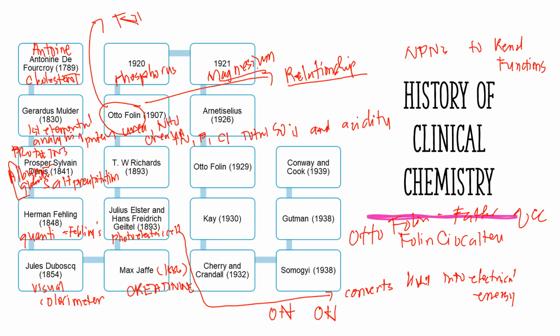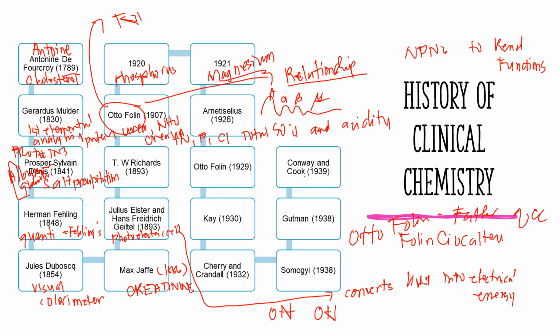In 1926, Arne Tiselius developed the moving boundary method for electrophoresis of proteins. Remember, our pattern of electrophoresis has albumin, then the alpha, beta, and gamma regions.